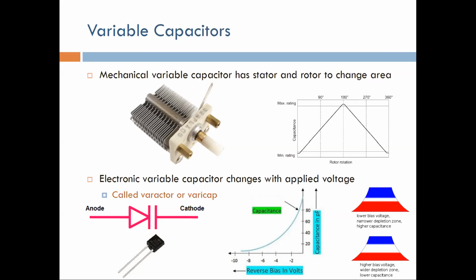Here, as we saw before for variable resistors, we also have variable capacitors. Variable capacitors are either mechanically variable or electronically variable, and electronically variable capacitors are much more popular these days.